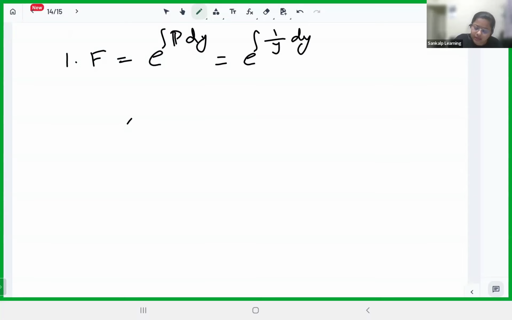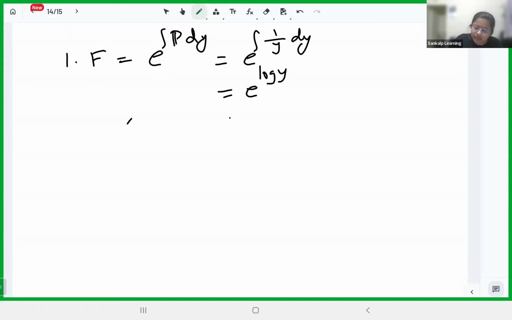So we need the integrating factor, that is equal to e raised to integral p dy, right? Since p is a function in y, we have to integrate it with respect to y. So this is equal to e raised to integral of 1 by y dy. So what is the integral of 1 by y?